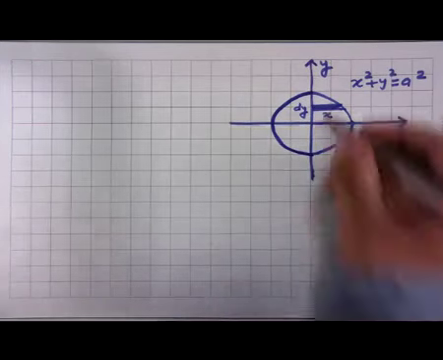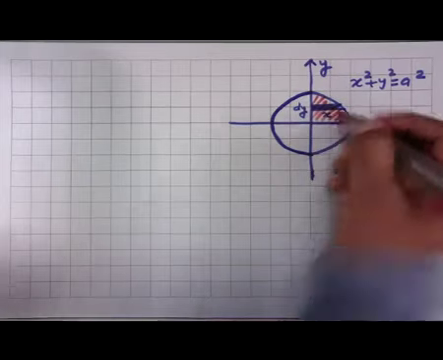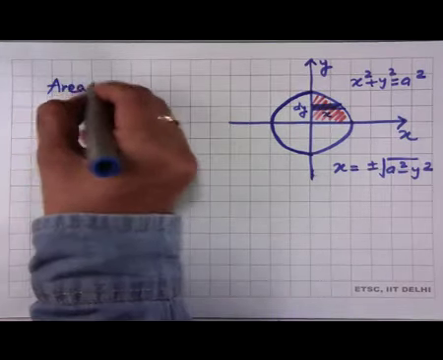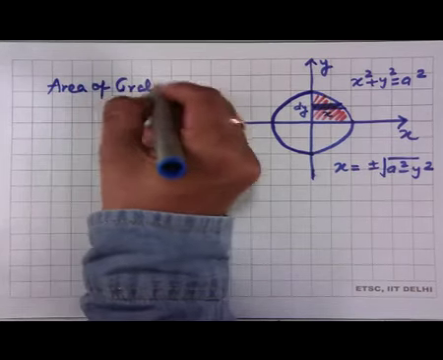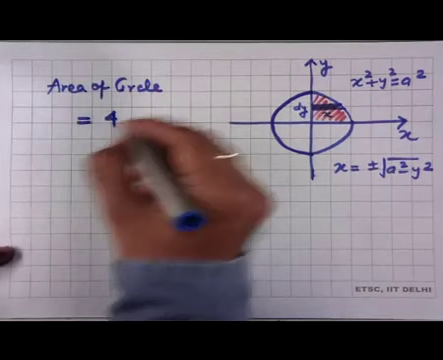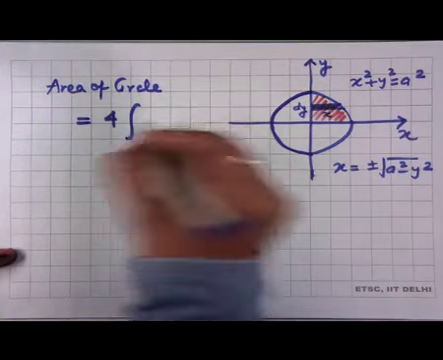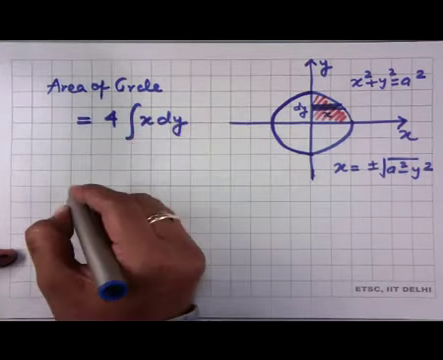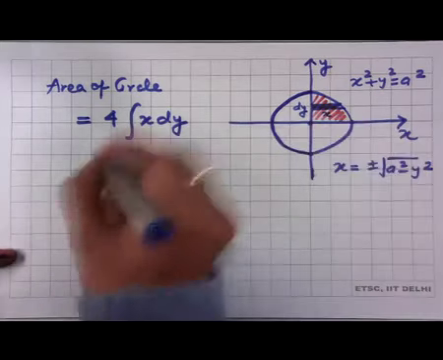So the total area required, area of the circle, is equal to 4 times integral of x dy. Now, what are the limits of y?